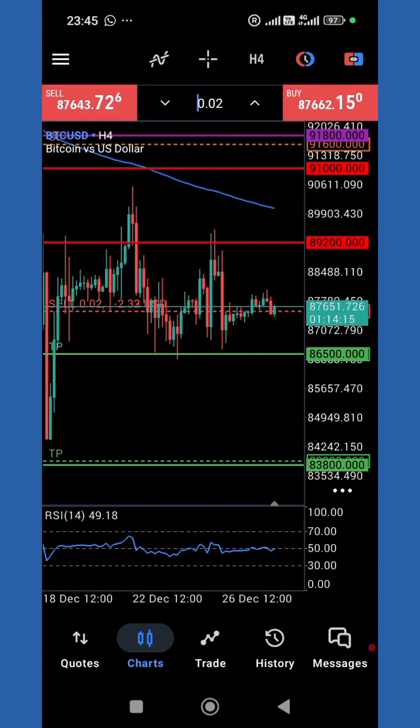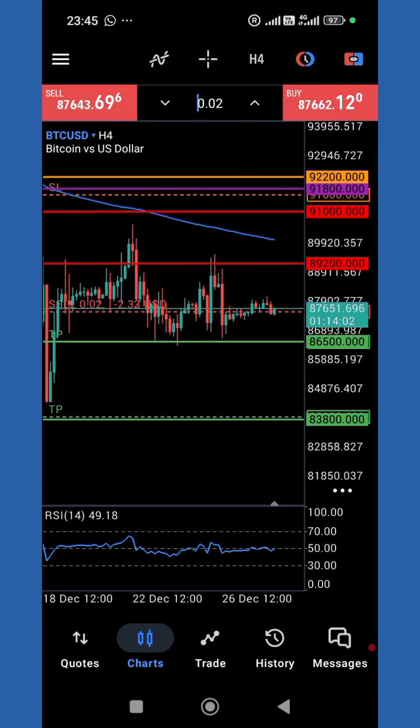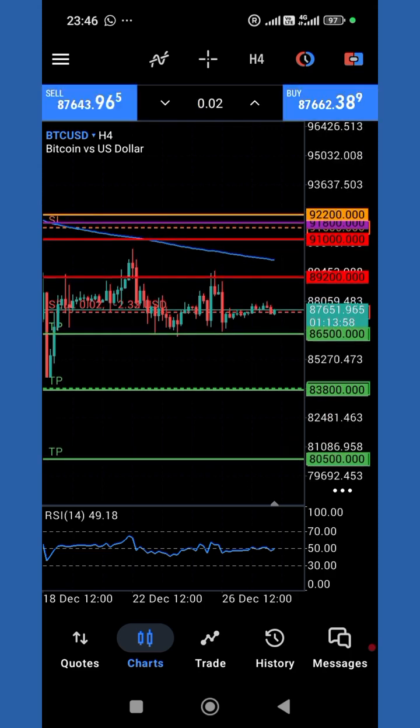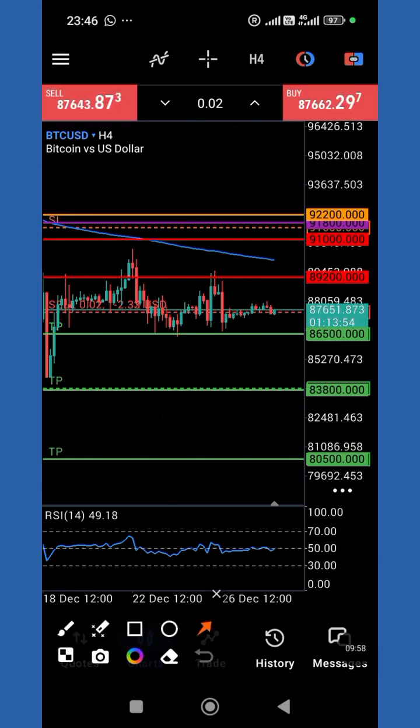Okay, then after that, I have the support areas that I marked out in green. The first minor support area that I have is around 86,500. Looking at the lines that I put here, we'll see 86,500 to be this one.